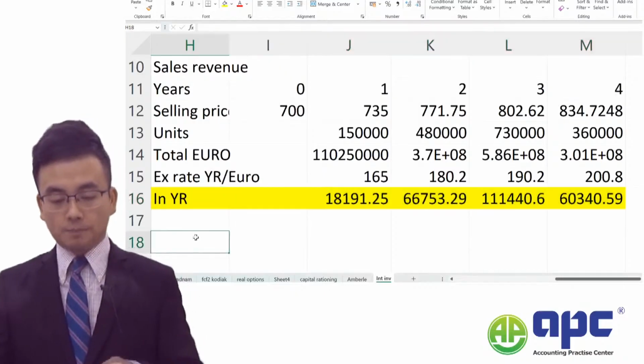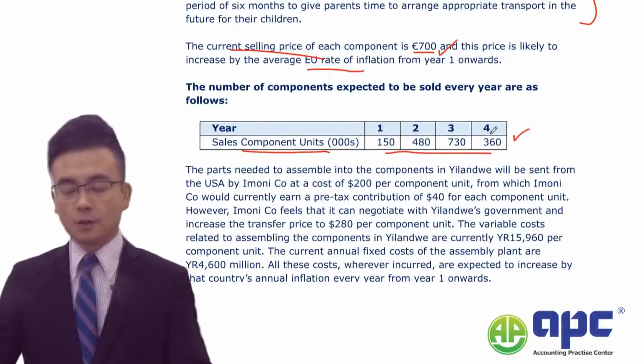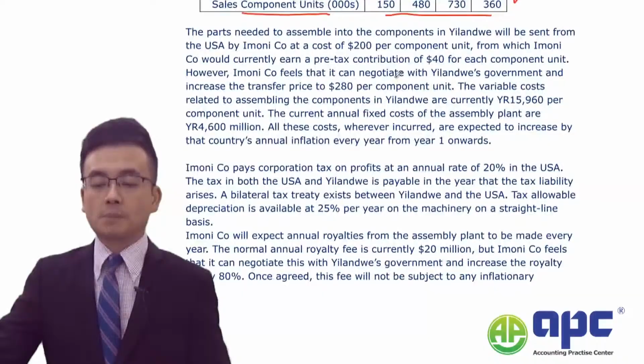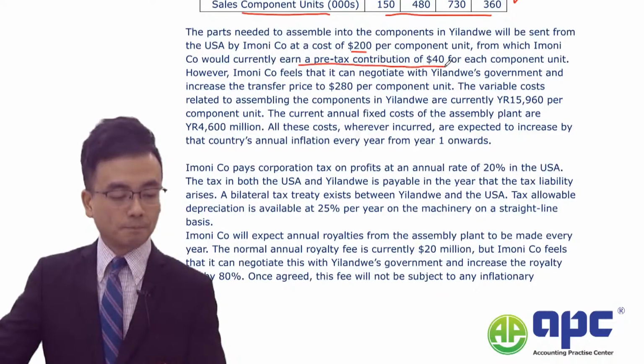Right, so moving on. Because we need to calculate the profit, we've worked out the revenue already. Now, the next paragraph. The parts need to be assembled into components in Yulanzi, same as the USA, at a cost of 200, from which we'll earn a pre-tax contribution of 40.